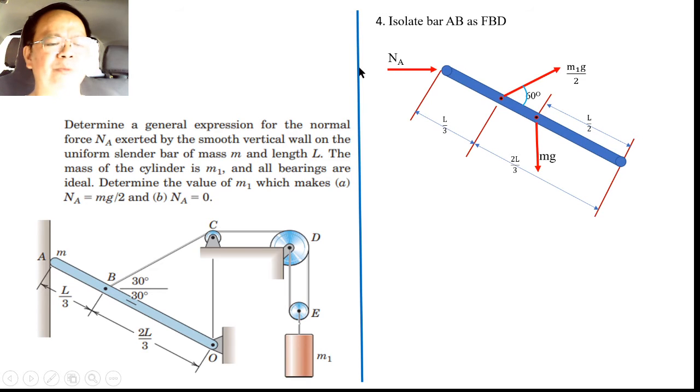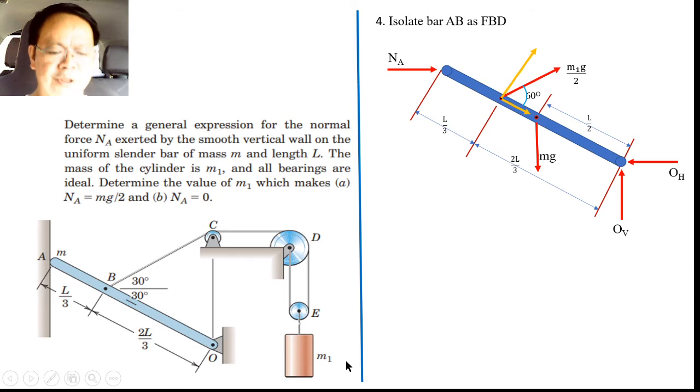And this is what we will be looking for. We will be expressing the general expression of N sub A, considering that the body is subject to these forces. Then, aside from that, we shall have here the pin connection at O, so we have O sub V and O sub H. Now, let us try to identify the moment arm.